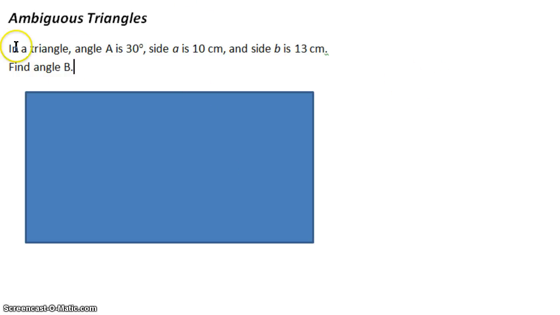Here we have a triangle, and angle A of the triangle is 30 degrees, and the side that is opposite from angle A, which is side A, is 10 cm, and side B is 13 cm. They want us to find the measure of angle B. Go ahead, pause the video, and make a sketch of how this triangle looks.